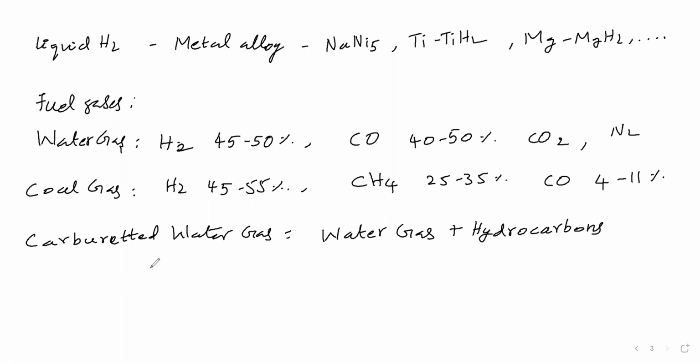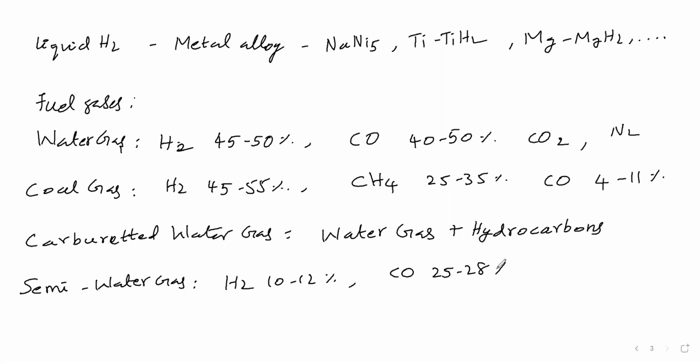Next we will take semi-water gas. This contains hydrogen 10 to 12%, carbon monoxide 25 to 28%, nitrogen 50 to 55%, carbon dioxide 4 to 5%, methane 1 to 2%.